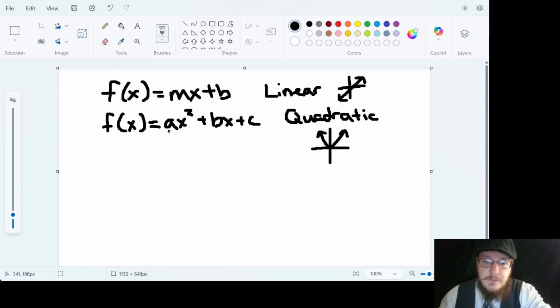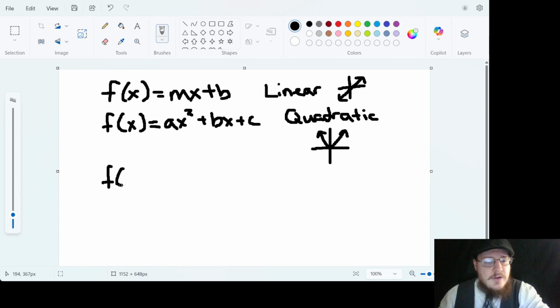Essentially, our slope is going to be dealing with a combination of our a, b, and c here. And basically our slope is going to be a linear equation, a linear function. So that's going to be going further on.